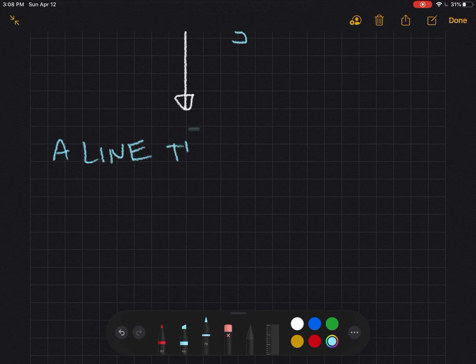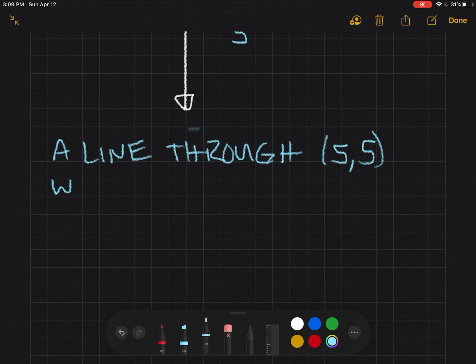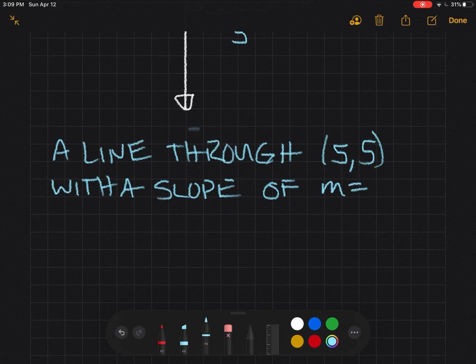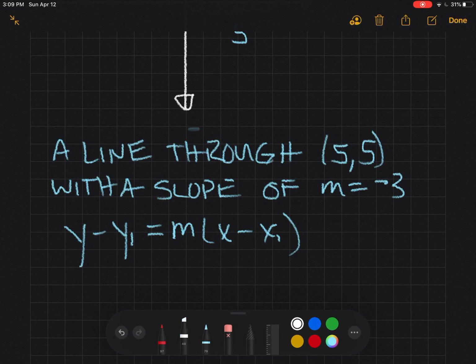So another equation for this line in point slope form, let's do it. If we said a line through 5, 5 with a slope of m is equal to -3. So we would use our equation y minus y1 equals m times x minus x1.